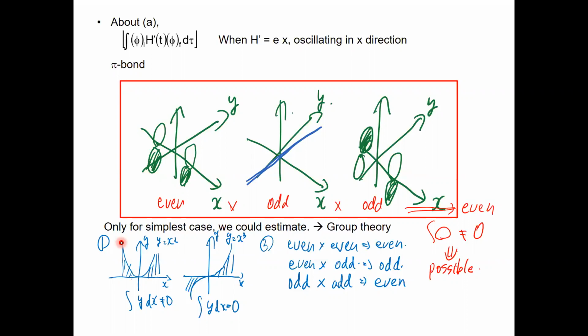However, even for these very fundamental molecular orbitals, we have to think like this. And not always can we judge whether the shape is even or odd. It's impossible for complicated molecules. But don't worry, we can judge by using a very useful theory called group theory to understand whether this kind of symmetry is valid or not.